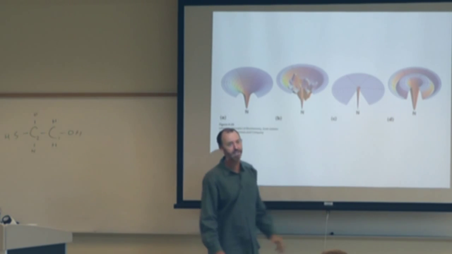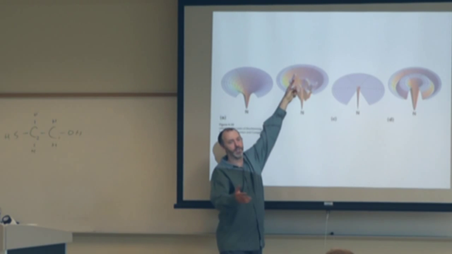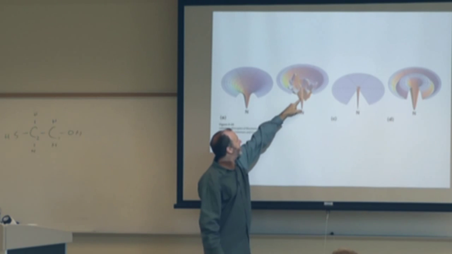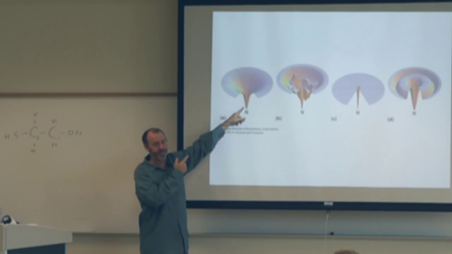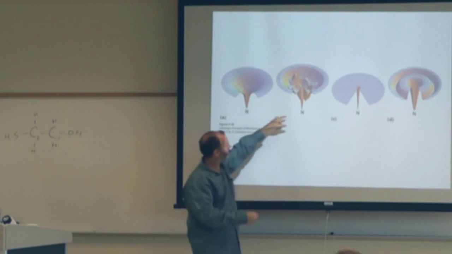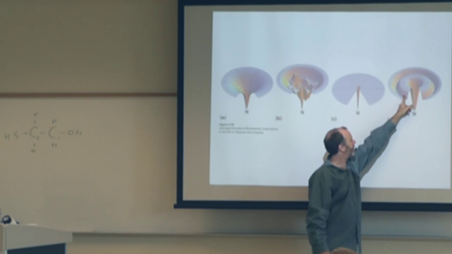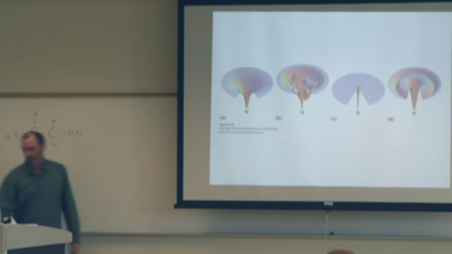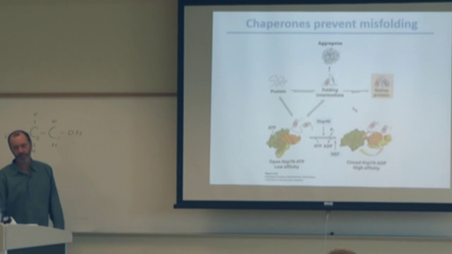In cases like this, you might need chaperones because you could get trapped in a trough without chaperones. But more often they're like this. Ribonuclease A might be something like this because it does it so well by itself. Not so often things like this. Here you can be trapped in a trough also. Hence, I was talking about chaperones.